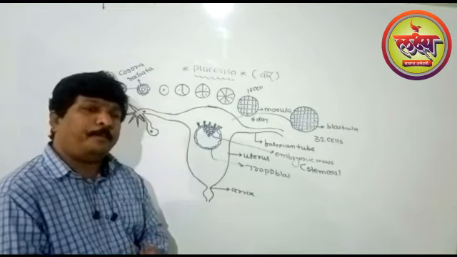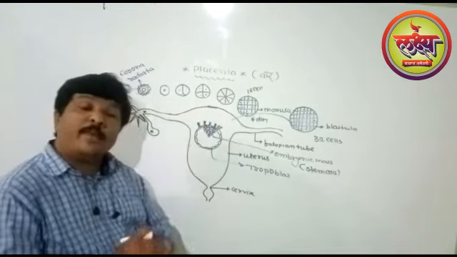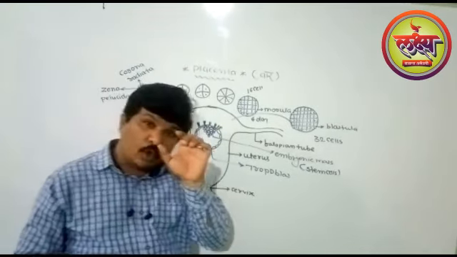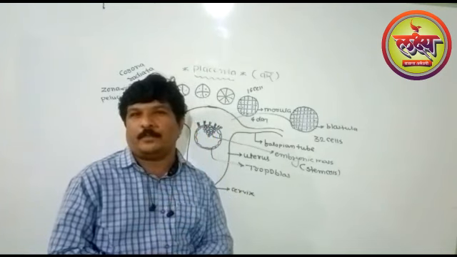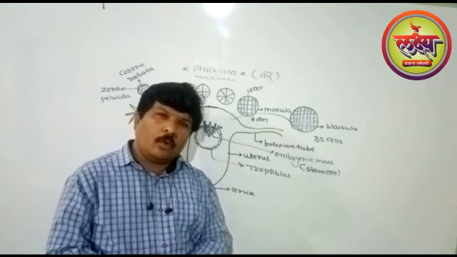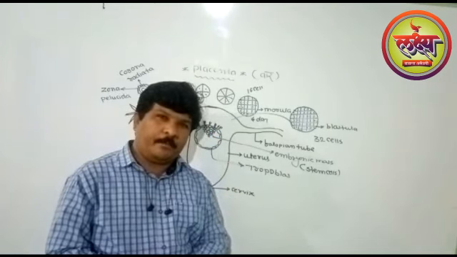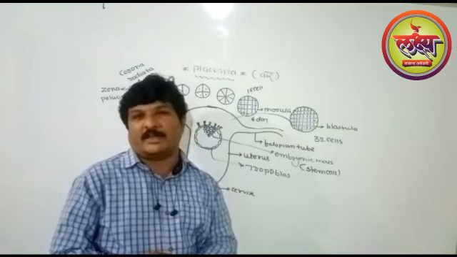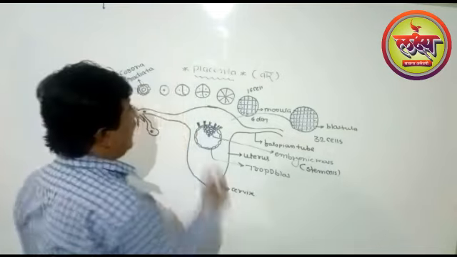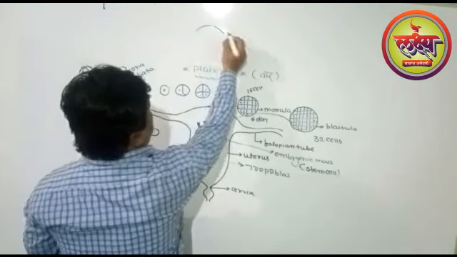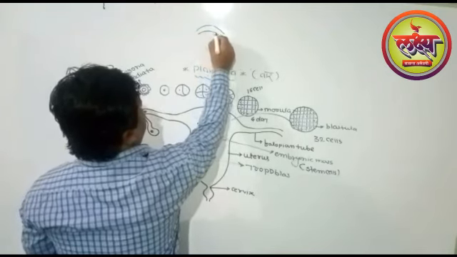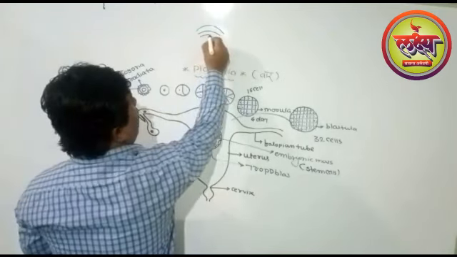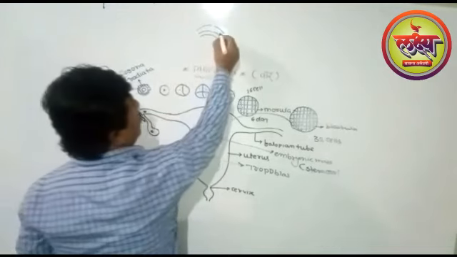At the same time, the endometrial layer is also ready for implantation. You know, in the uterine wall, three different layers are present: this uppermost layer, a middle layer, and an innermost layer.